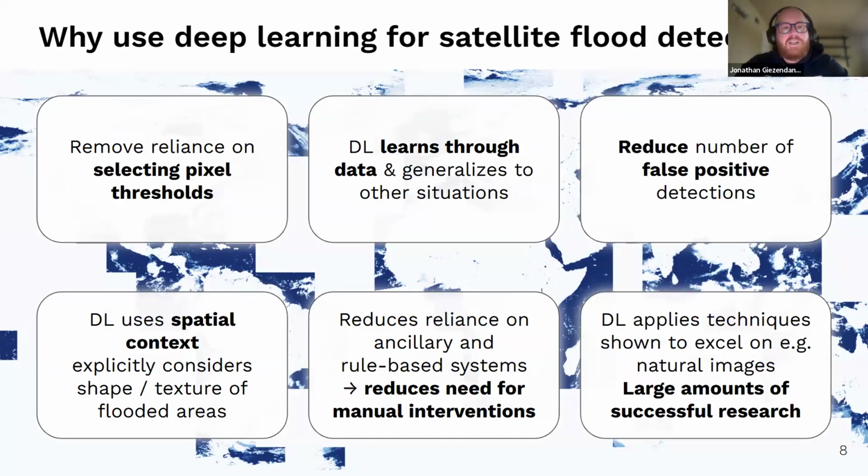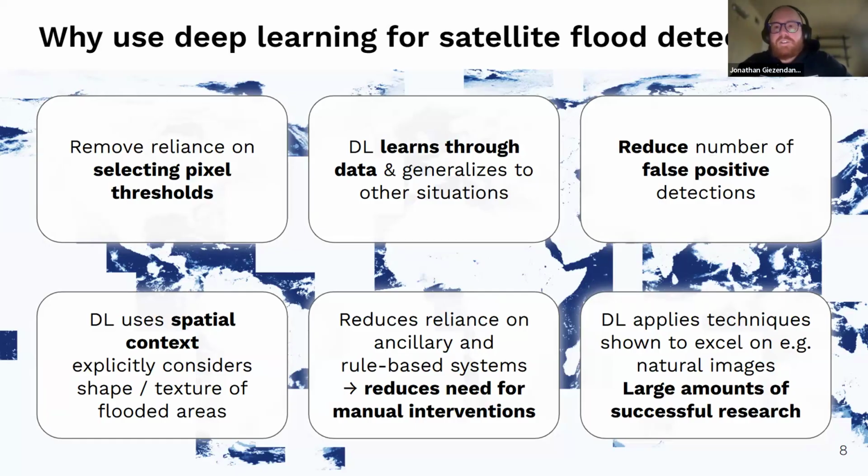Deep learning removes the reliance on single pixel thresholds. As you know, thresholds can work relatively well, but in some examples this can be complicated, and deep learning learns through data and so can generalize to other situations that haven't been covered by simple, manually selected thresholds.